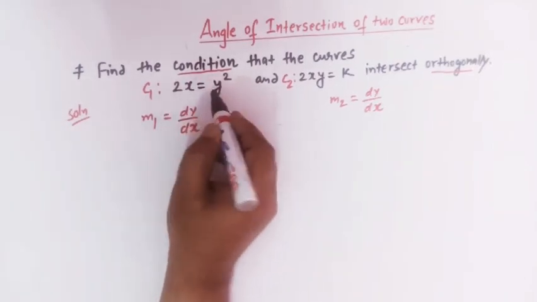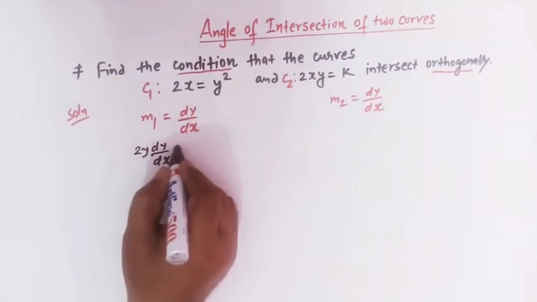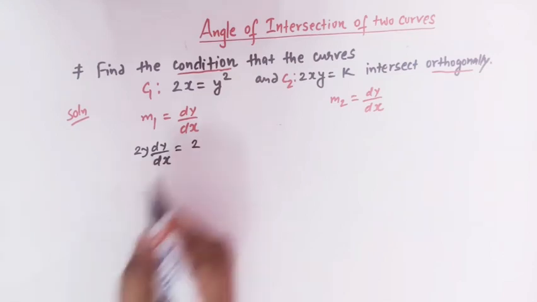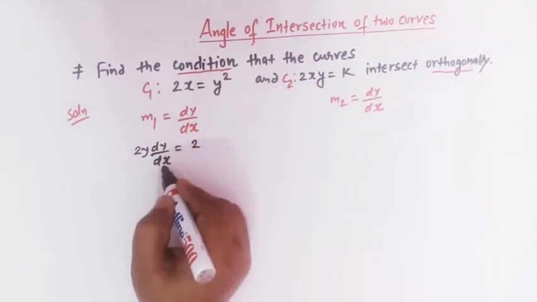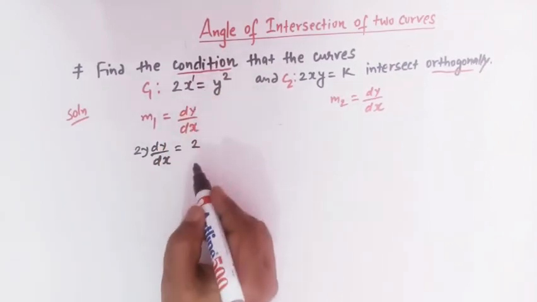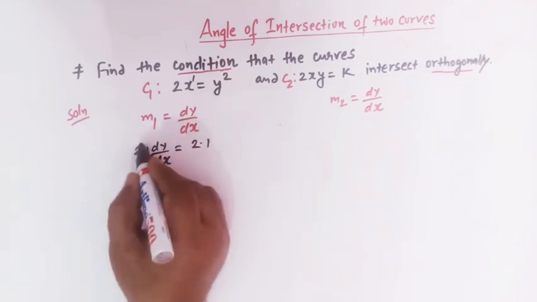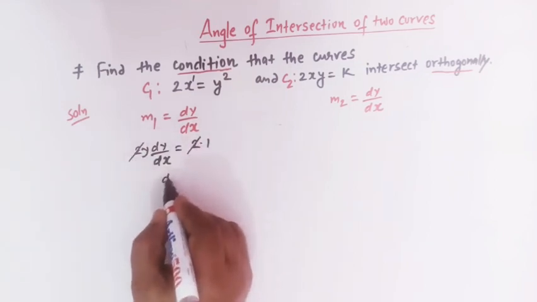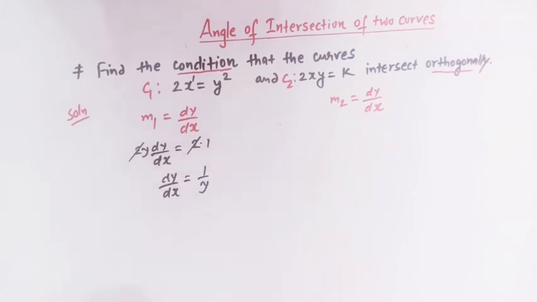Differentiating both sides, we will have 2y dy over dx is equal to 2, the derivative of x is 1. So here this 2 and 2 get cancelled, so dy over dx is equal to 1 over y, right?